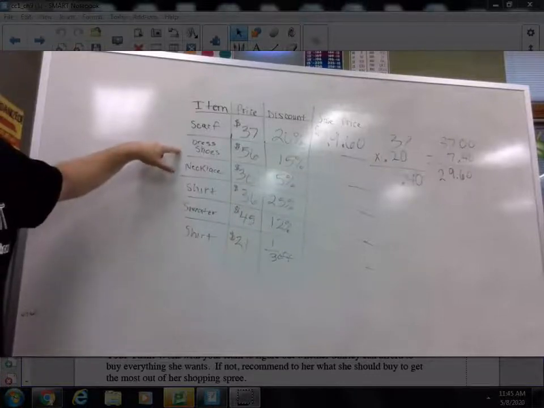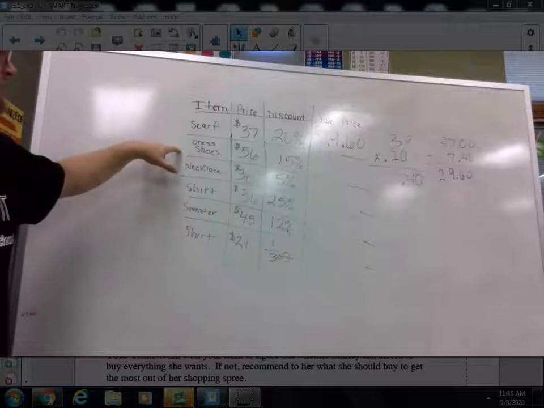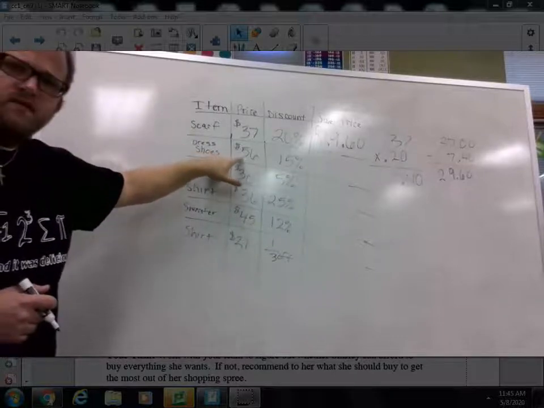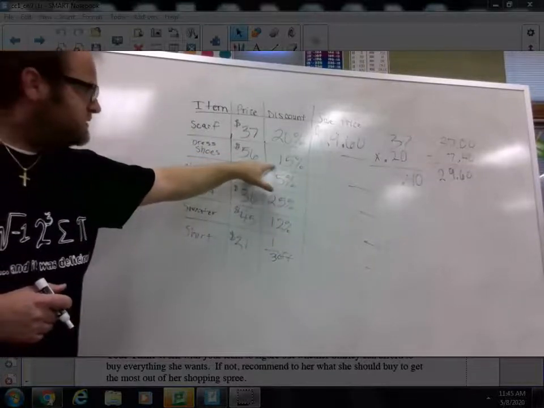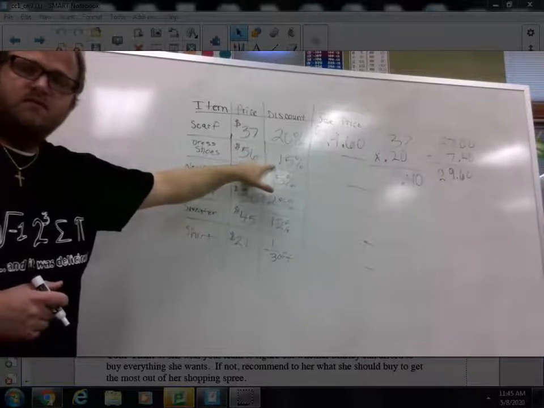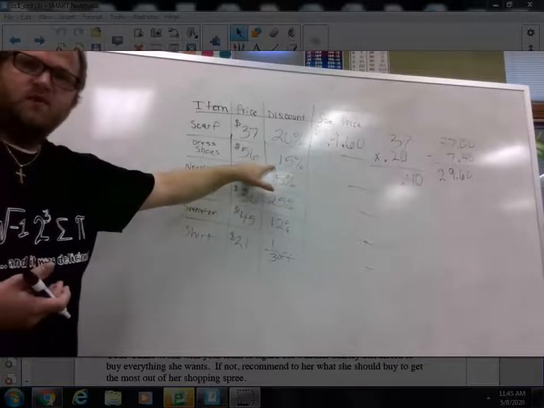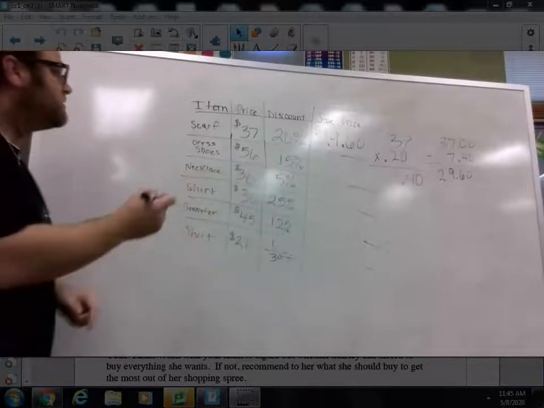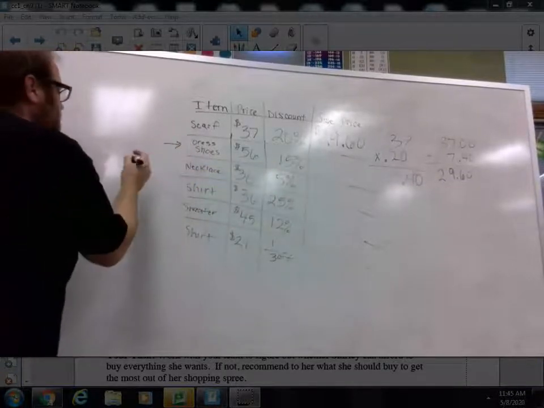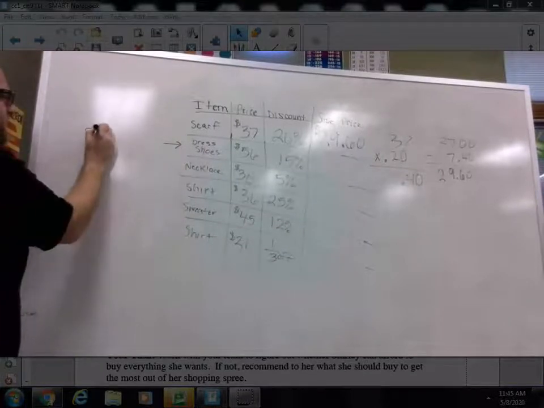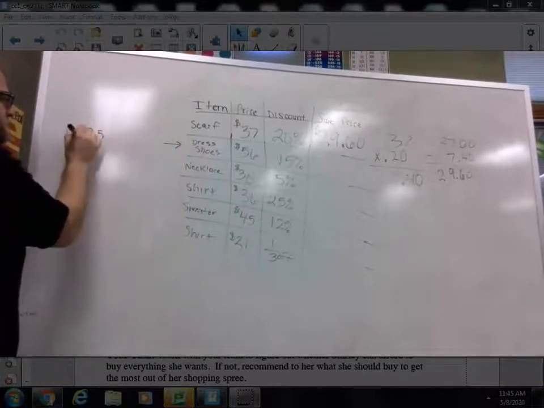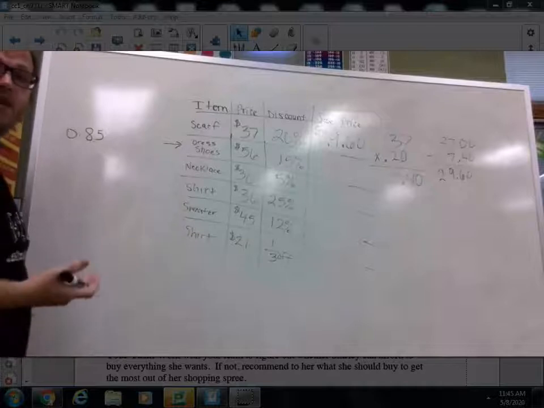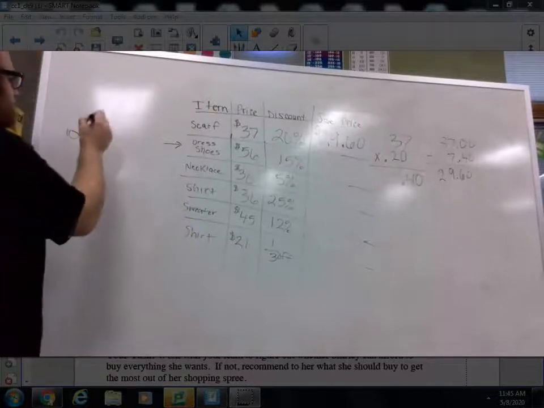So we're going to try that method here with the dress shoes. So if I know that my dress shoes cost $56 and I'm saving or discounting it by 15%, if I take 15% away from the whole 100%, what's left is 85%. So really what I'm doing here is 85%, or 85 hundredths of means multiplication, the $56.